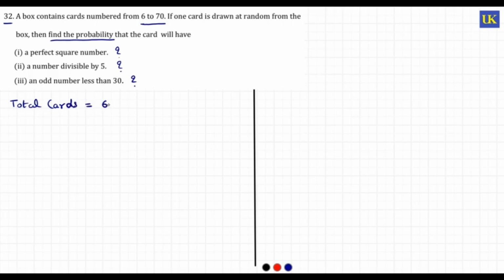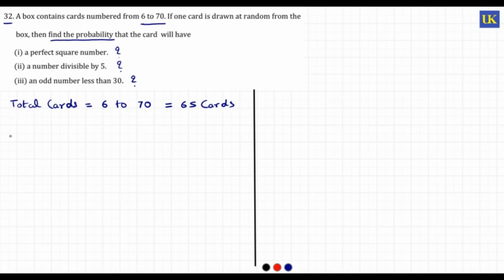They are saying that the box has cards from 6 to 70. So 6 to 70 means the total cards are actually 65 cards. If you start counting from 6 to 70, the total will become 65 cards.